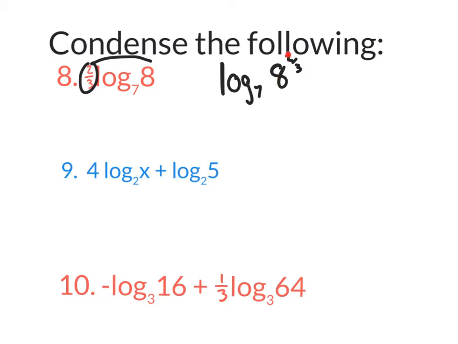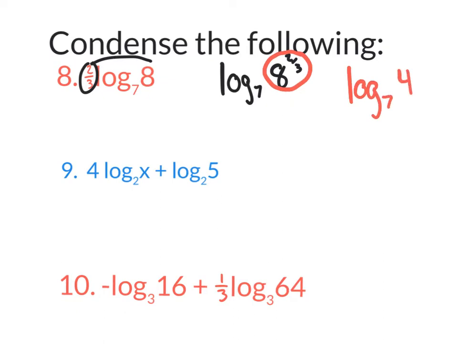What's 8 to the power of 2? 64. And then the third root of 64 is still the same answer, 4. Does that make sense? Or how about the easiest way of doing it? Getting your calculator and typing 8 to the 2/3 power, and it'll give you the answer 4. So your final condensed answer should be log base 7 of 4.